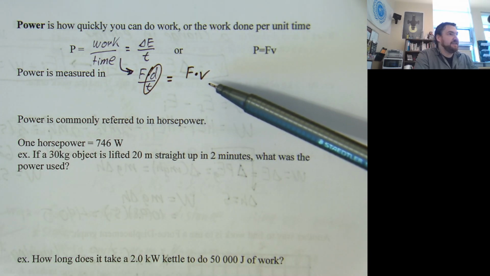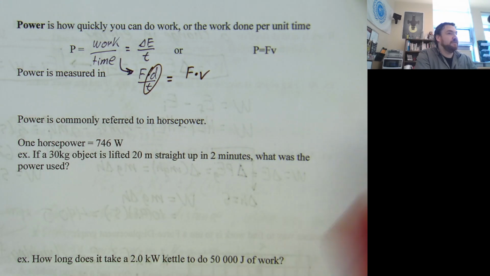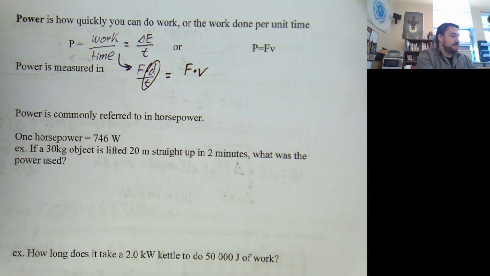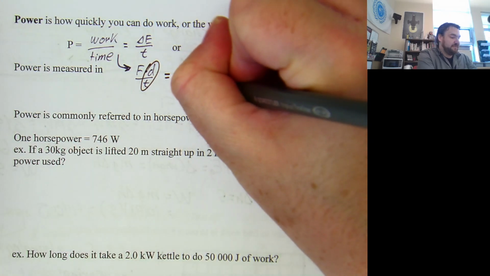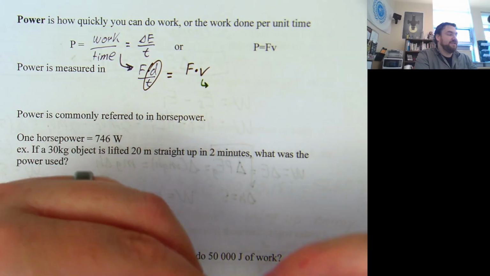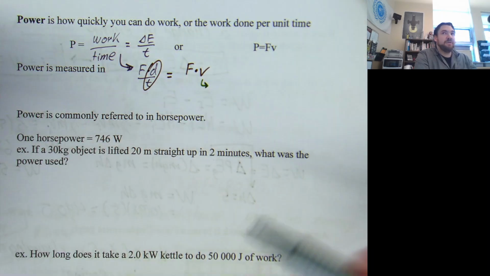What kind of v is this? It's this particular kind of v. It's speed if you ignore the direction. What is v if v is equal to d over t?